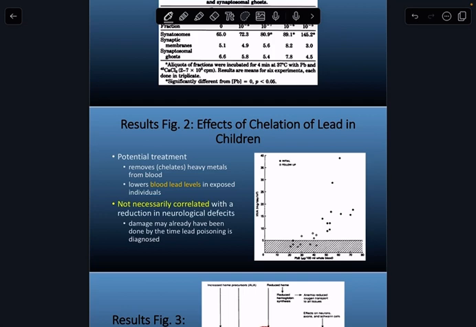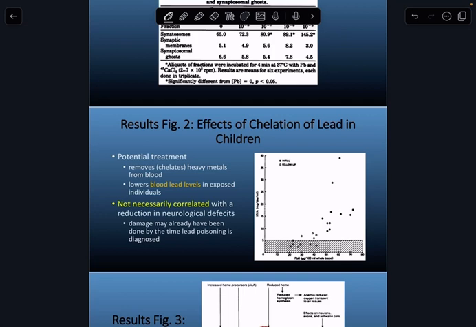So this was an experiment that showed that chelation treatment reduced the amount of lead in the blood, right? Before chelation, the subjects showed between 50 and 80 micrograms per deciliter of blood. After chelation, it was reduced to somewhere between 45 and 20 micrograms per deciliter of blood. So the chelation did work to reduce the amount of lead in the blood.